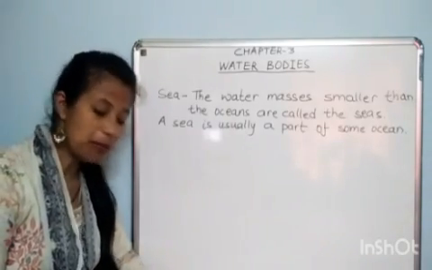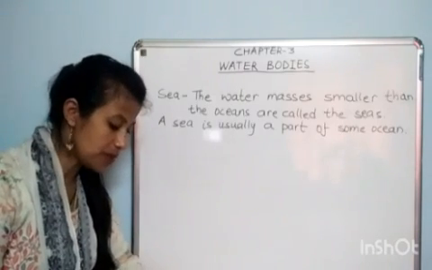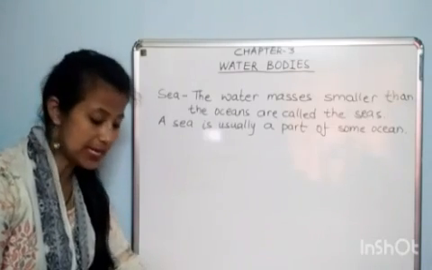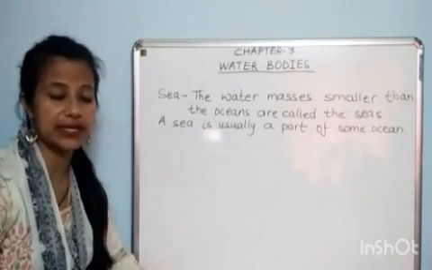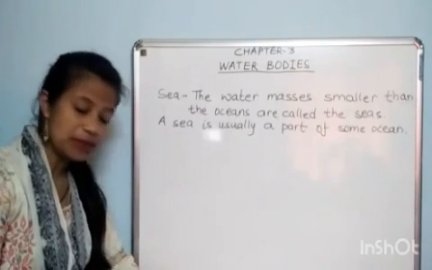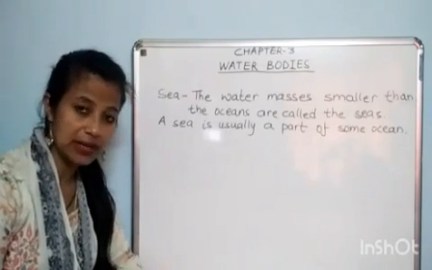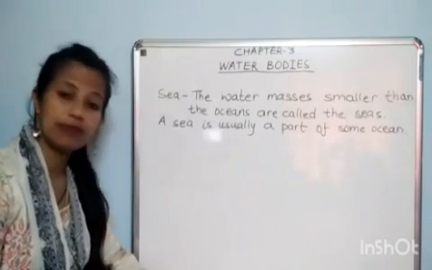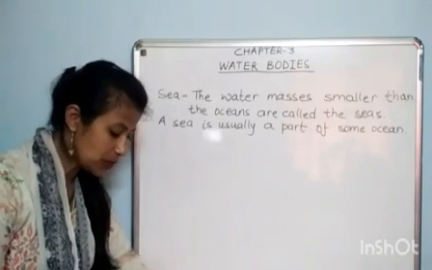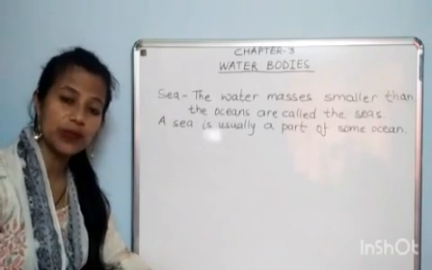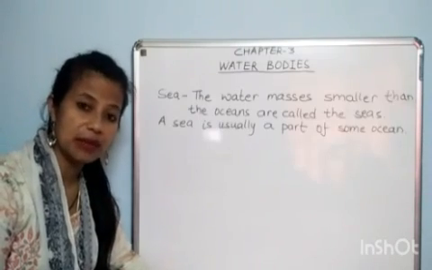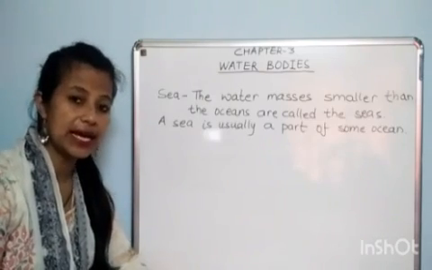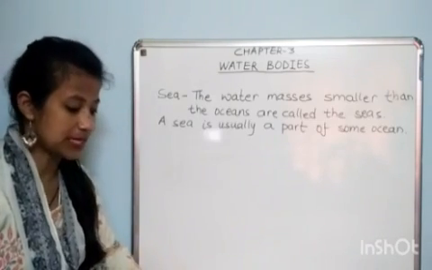In fact, that part of the ocean which touches the land is called the sea. The Arabian Sea and the Bay of Bengal are part of the Indian Ocean.